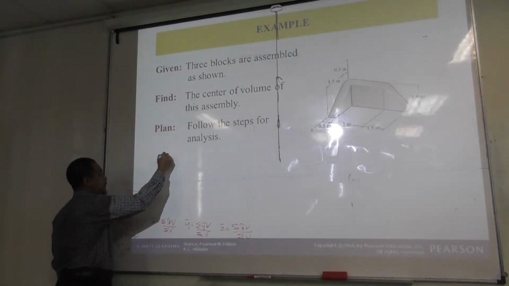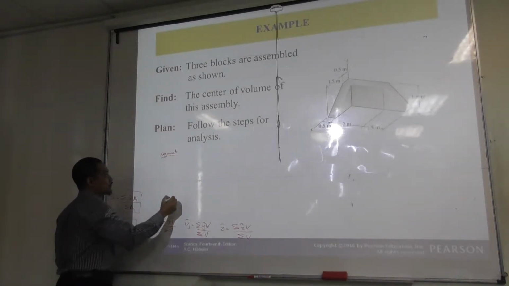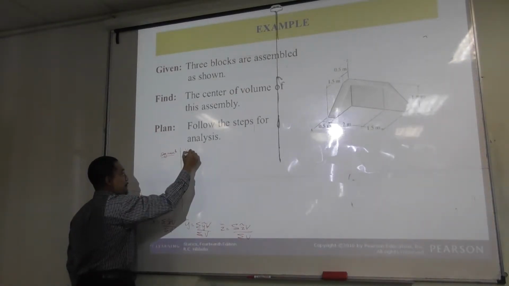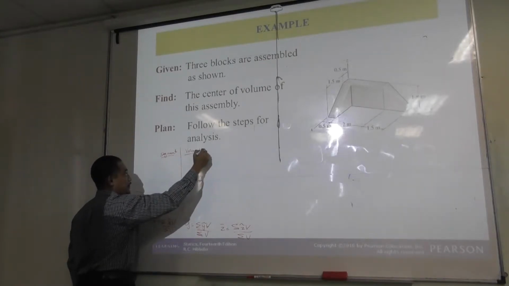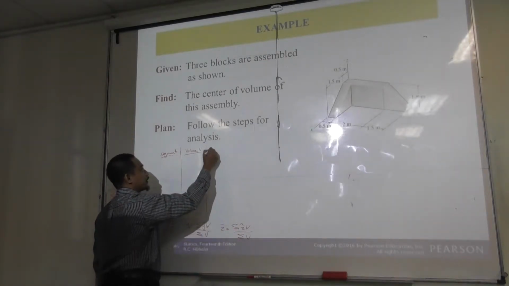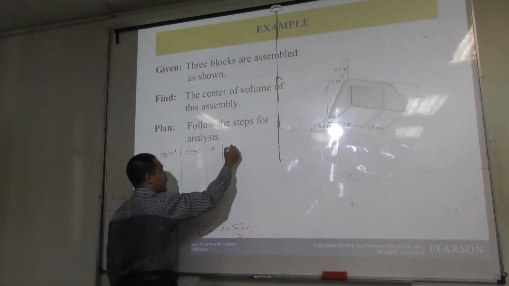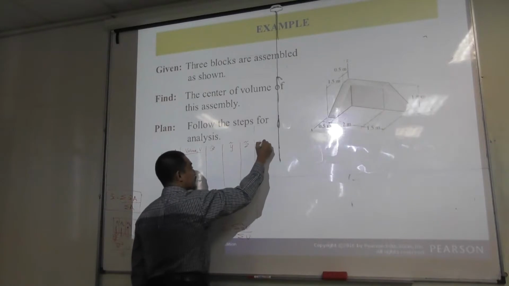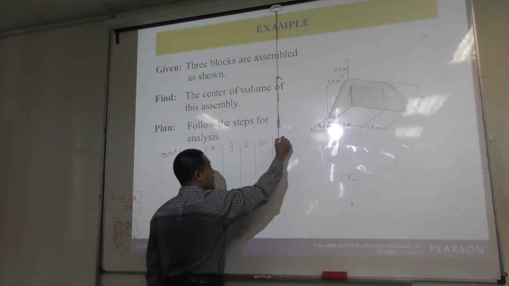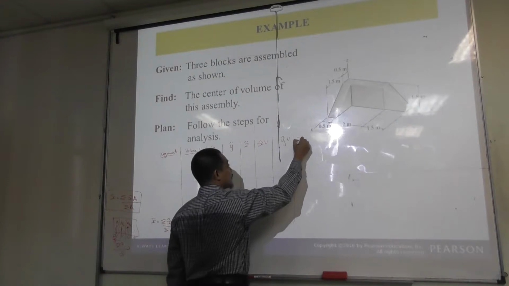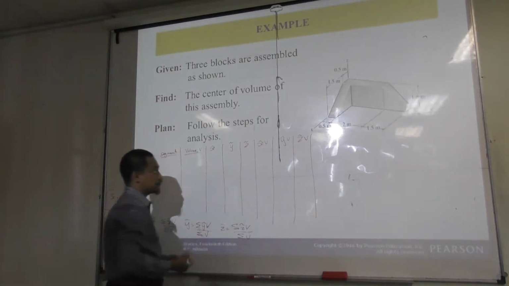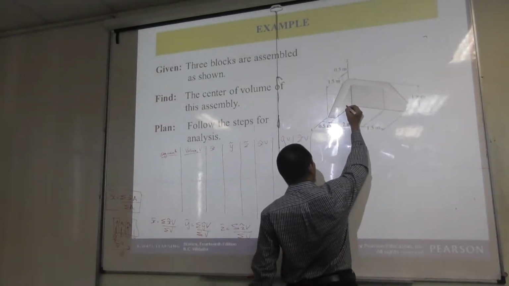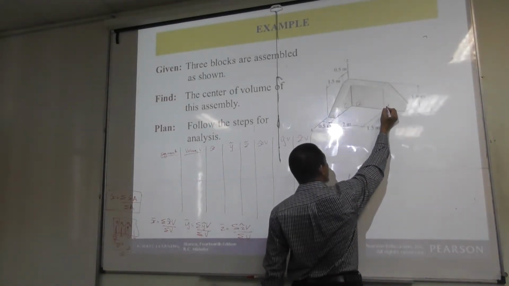So we have segment, and then we have the volume, and then x, y, z, x v, y v, z v. Right?